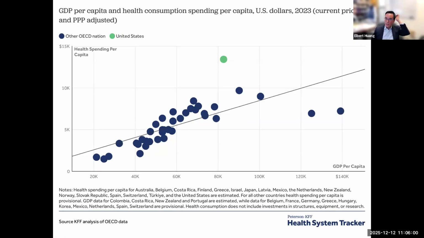In the United States it is around 80,000. But what's really amazing is our health spending per capita, which is closer to 14,000 per capita. We just have outsized spending in healthcare compared to all these other developed countries listed in this table, and that has been the case for decades.